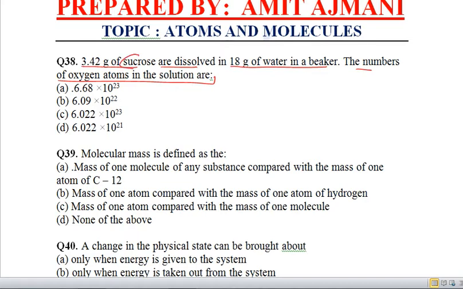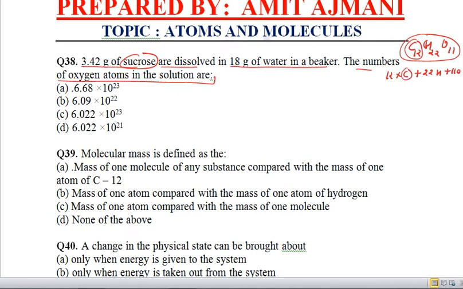We know sucrose, the formula is C12H22O11. First of all, we need to relate the gram molecular mass of sucrose. Now, 12 carbon atoms, so I'll write 12 into C plus 22 hydrogen atoms and plus 11 into oxygen atoms.